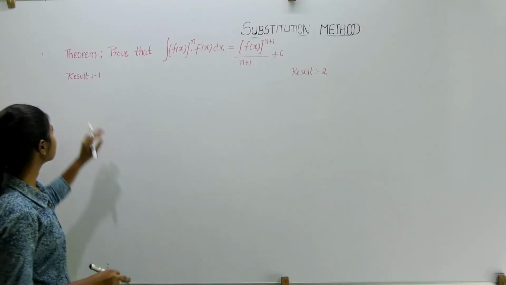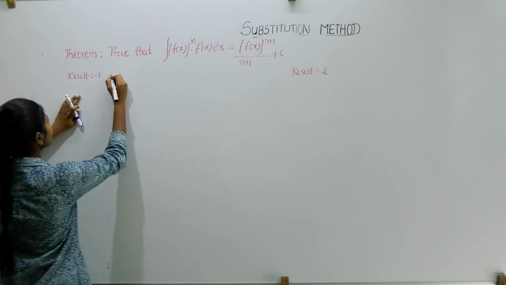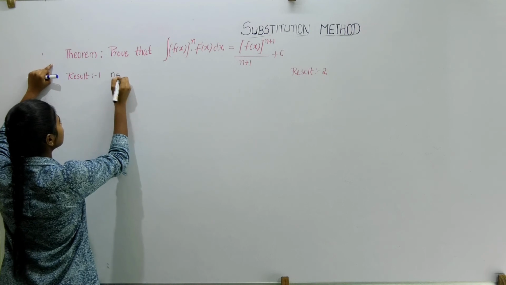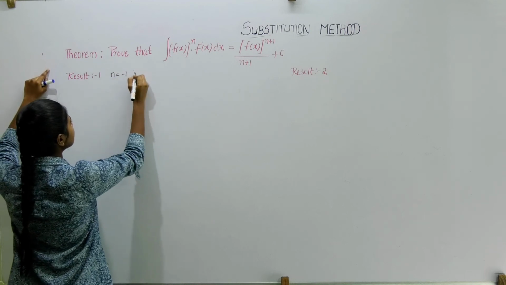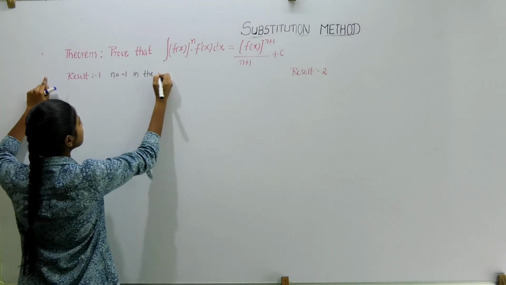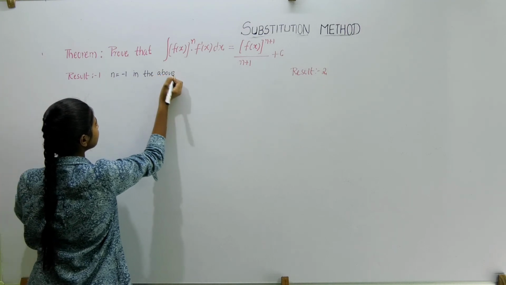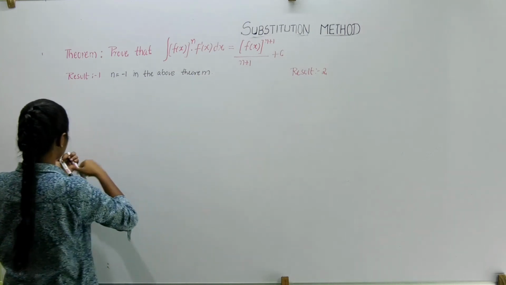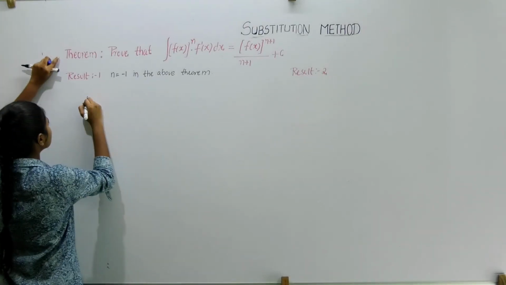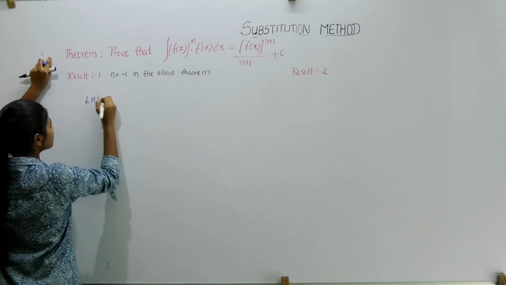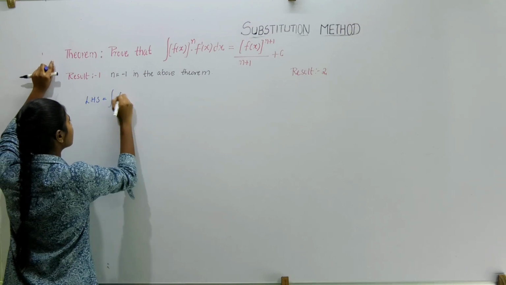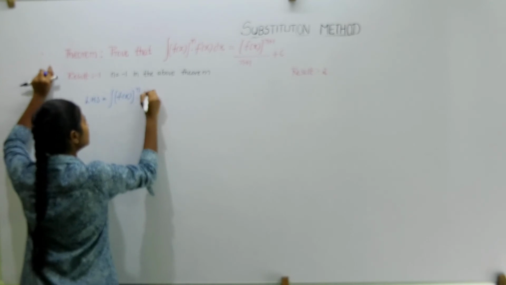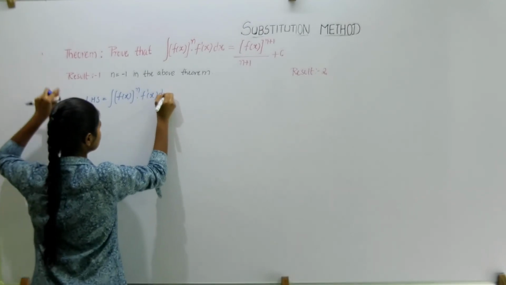Next, let us go through the results. Using the above theorem, if we put n is equals to minus 1 in the above theorem, then the left hand side, let me write the first left hand side, it is equals to integral f of x whole power n into f dash of x dx.